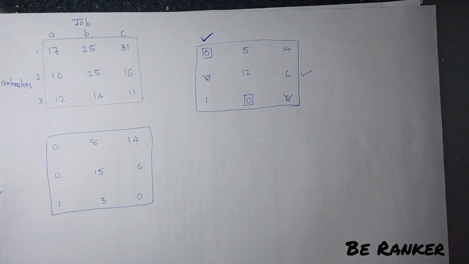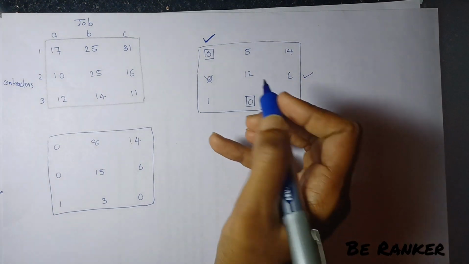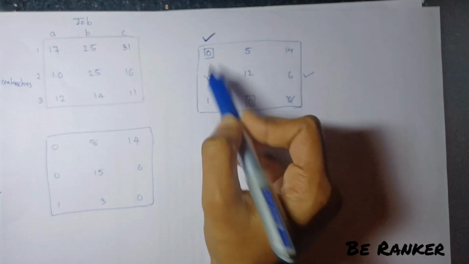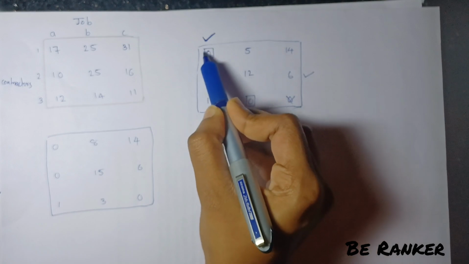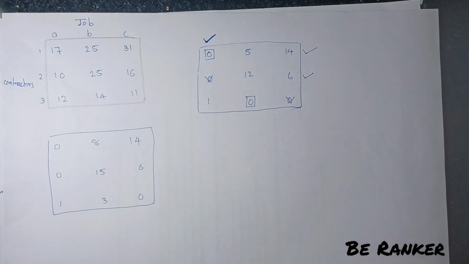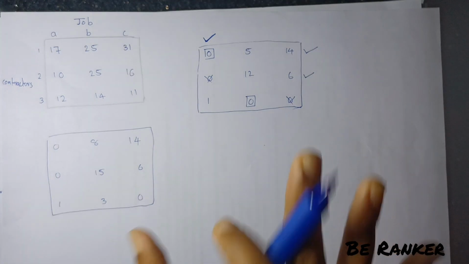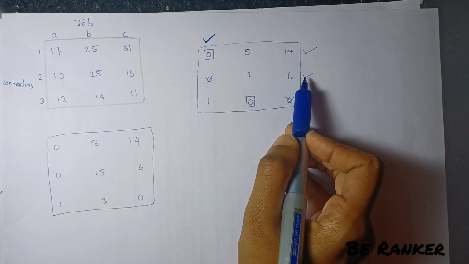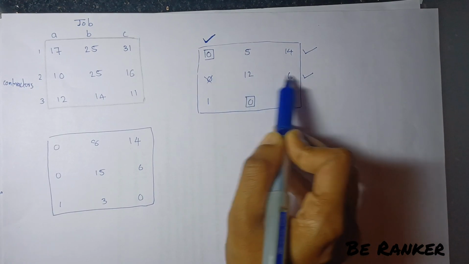Then the next step is to pick the row of the assigned 0. In this column, there is one assigned 0, so I pick the row of this assigned 0. There are 3 steps here. First, pick the row which has no assignment.